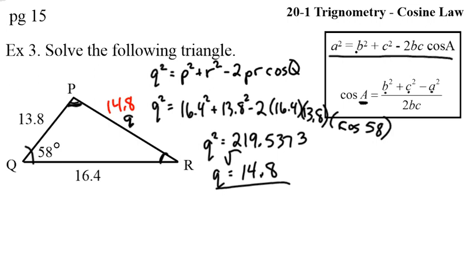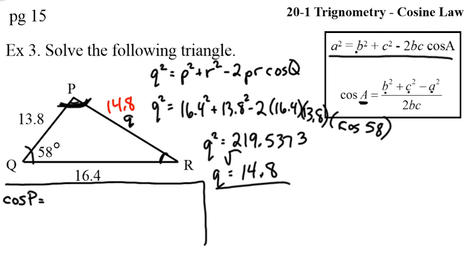Well, once we know that, now I have three sides, so now I can calculate angle P or R because I know the three sides. Which one? It doesn't really matter. I'm going to do angle P and change your formula. Cosine of P will equal Q squared plus R squared minus the P squared.